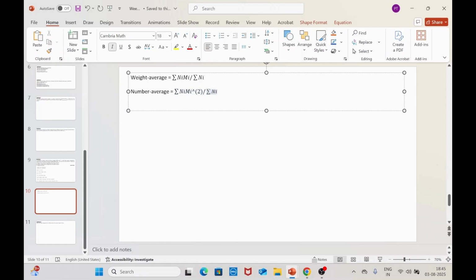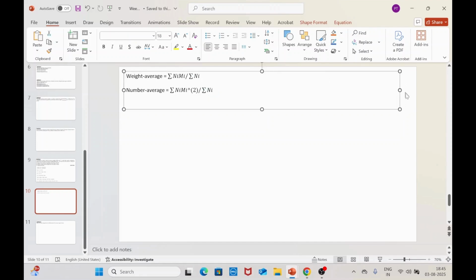So the number average is the first one. Does everybody agree with that? So this is the number average, and this one is going to be the weight average. So what is the value?